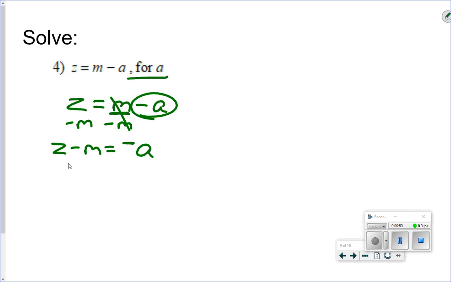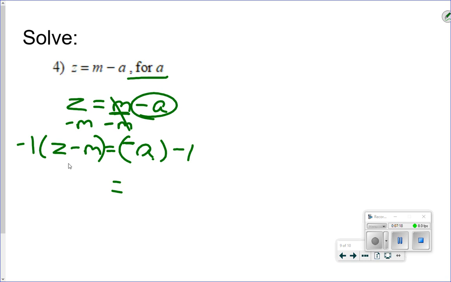I can't leave my answer like this. I need to know what a equals, not what negative a equals. So to fix that, I can divide everything by negative 1. You could also think of it as multiplying everything by negative 1. Might be an easier way for you to look at it. Because what's going to happen is you're going to change the signs of everything on both sides.